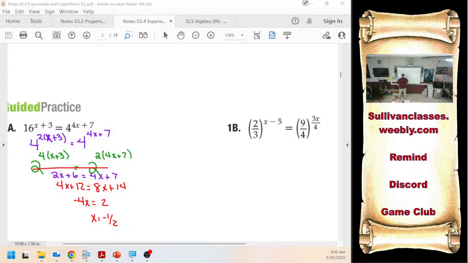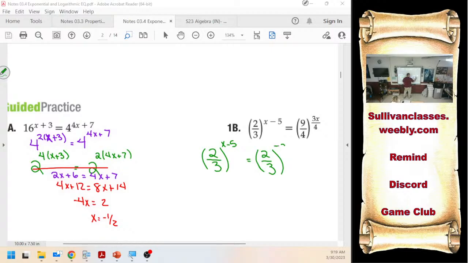Okay, so those ones are easy peasy. But this one, I got to do some thinking. I need to have them in the same base to do the one-to-one property of exponents. I need to write this as 2/3. I know that. So the question is, how do I turn 2/3 into 9/4? We squared them and we flipped them.